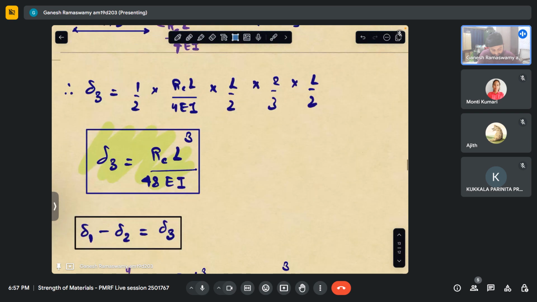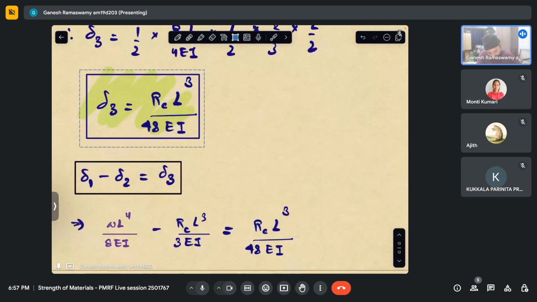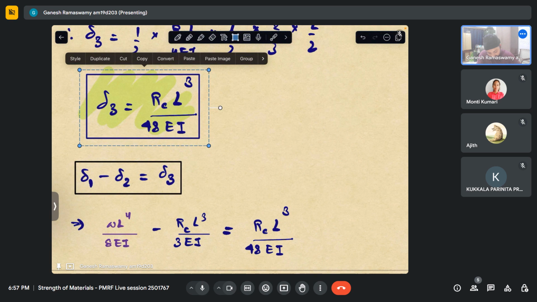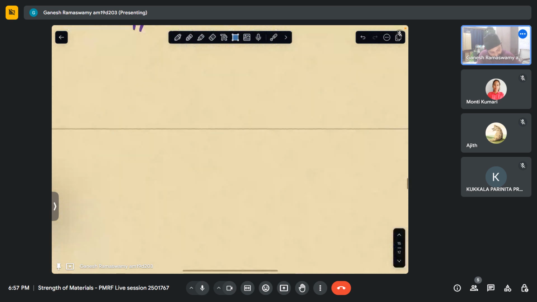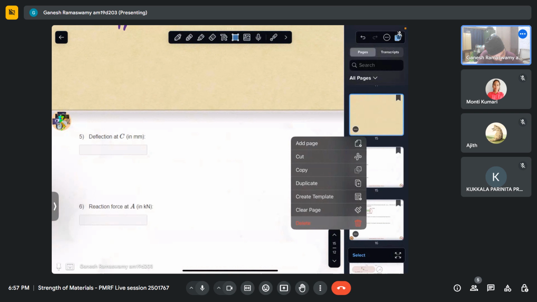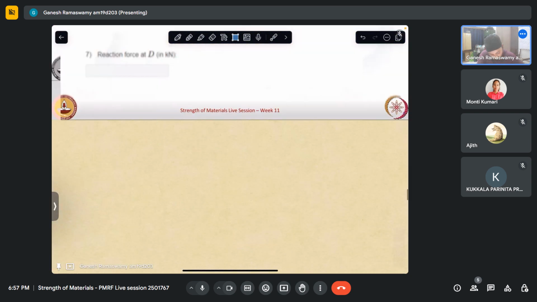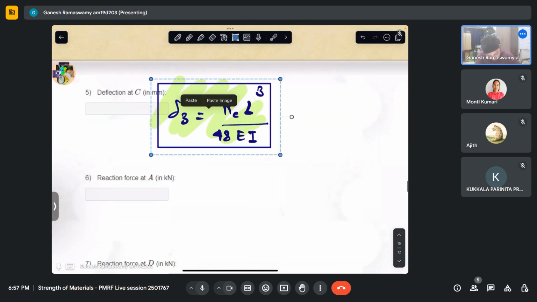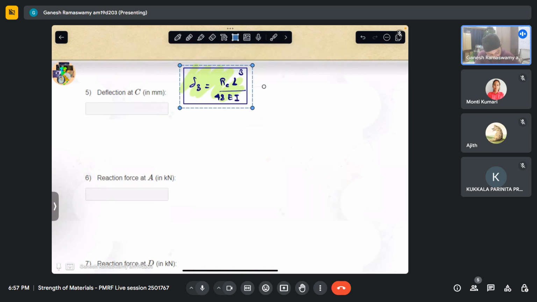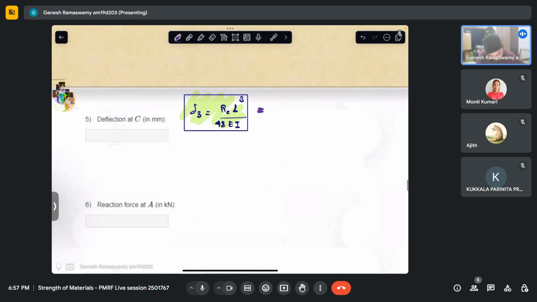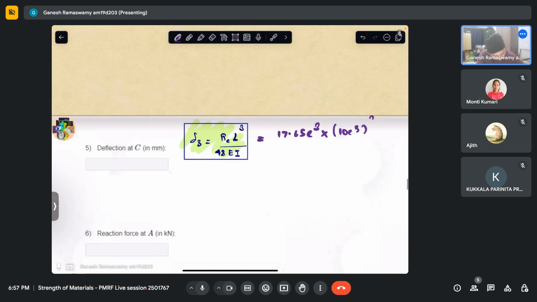Since we already know this, in this question we have been asked what is delta C, which is nothing but delta 3 actually. So this is equal to RC, which we have got as 17.65 kilonewton, into length, 10 meters, length power 3 divided by 48 EI.